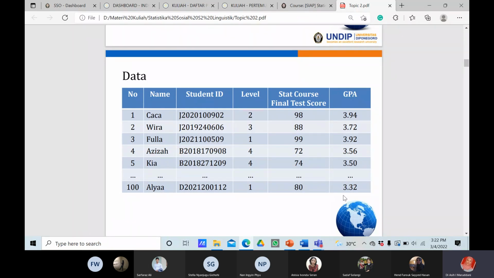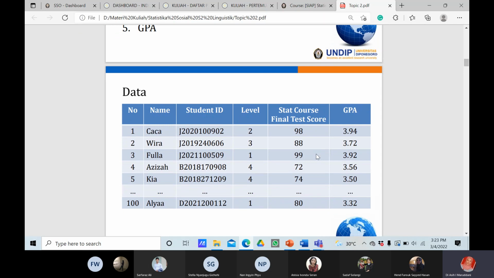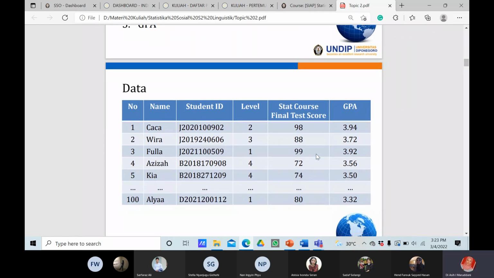I think you all don't have any difficulties with the data and the simple table. And I think you all know how to collect the data and present your data in a table like this.